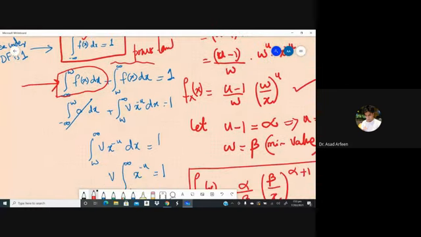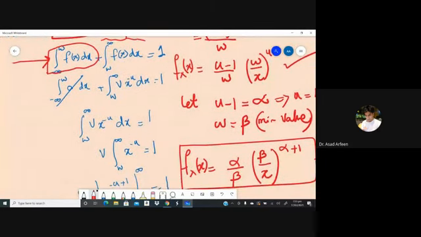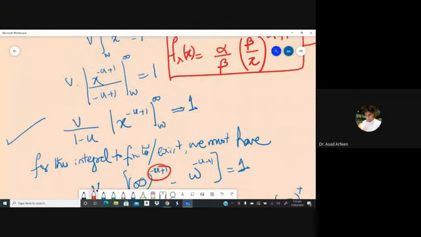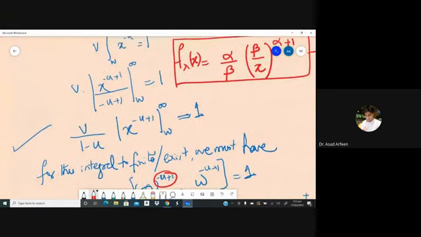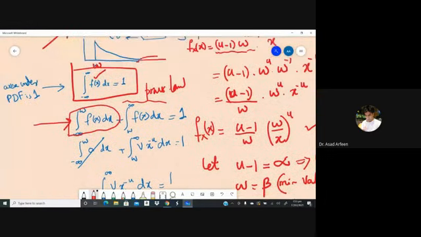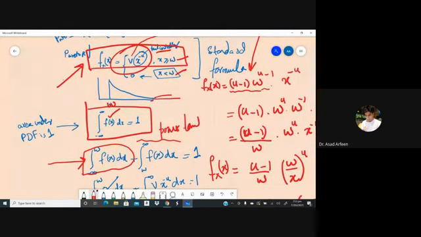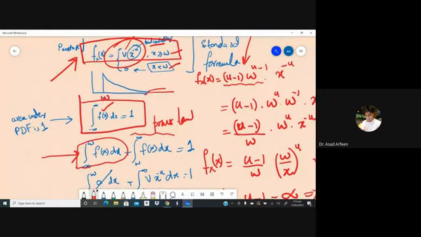So then I put down these values here, and then I put the v, the x to the power minus u, and then I just solved it, because my objective was to find out the value of v, so that you can get a clear idea of the distribution function.